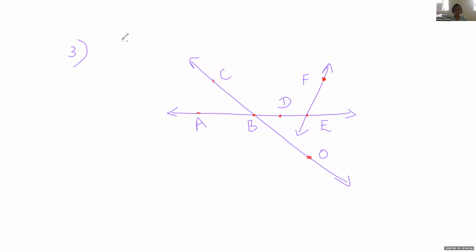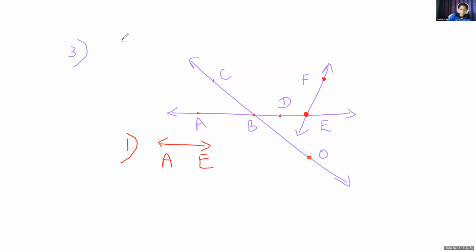This is E, so E is lying on line AE or line FE. Both you can write, either AE or FE. No problem. So the first question's answer we can write line AE or line FE. I hope you understood.